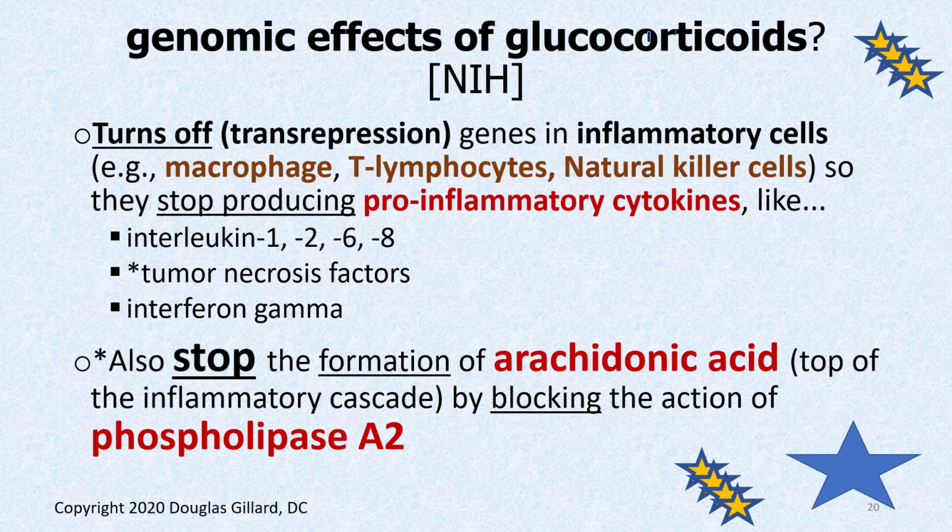So genomic effects of glucocorticoids: they can turn off genes in inflammatory cells like macrophages, T lymphocytes, natural killer cells. And they turn off these genes so they stop producing pro-inflammatory cytokines like interleukins 1, 2, 6, and 8, tumor necrosis factor alpha.